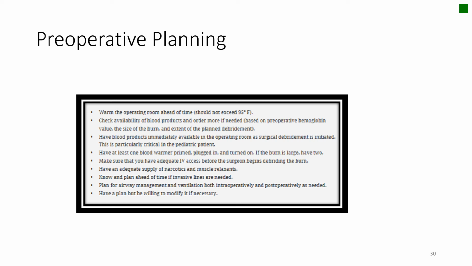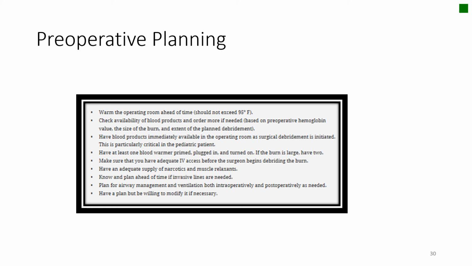You should inspect the oral cavity as well as the neck to determine potential difficulties in airway management. In addition, you should be aware that there could be underlying trauma and issues related to the burn, as well as the percentage of total body surface area that is injured, and the type and extent of the planned procedure.